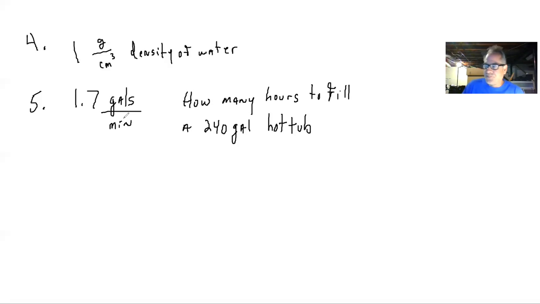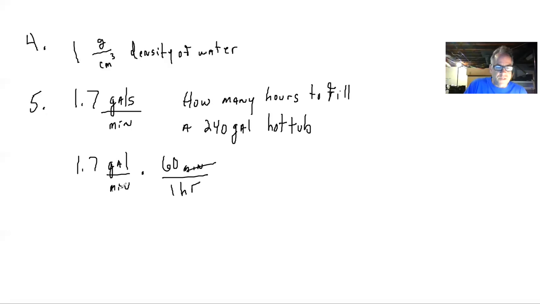And so I could take my 1.7 gallons per minute times 60 minutes for 1 hour. So I get my minutes to cancel. Now I'm gallons per hour. And then 1.7 times 60 is 102 gallons per hour.